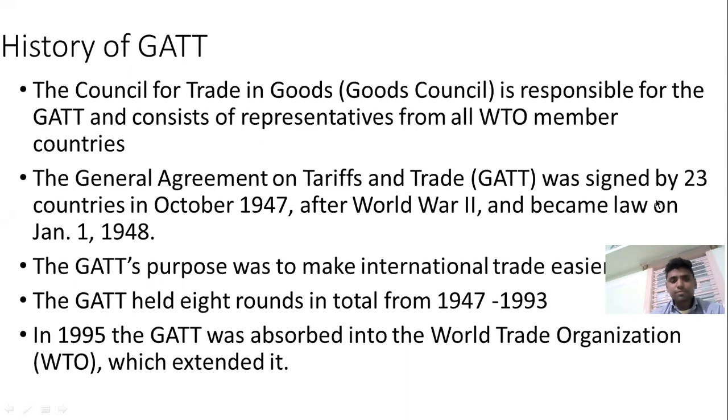Hence, after the World War, it was sensed that it is highly required that there should be a trade body in order to reduce quotas, minimize the trade barriers, as well as to reconstruct the devastated economies.